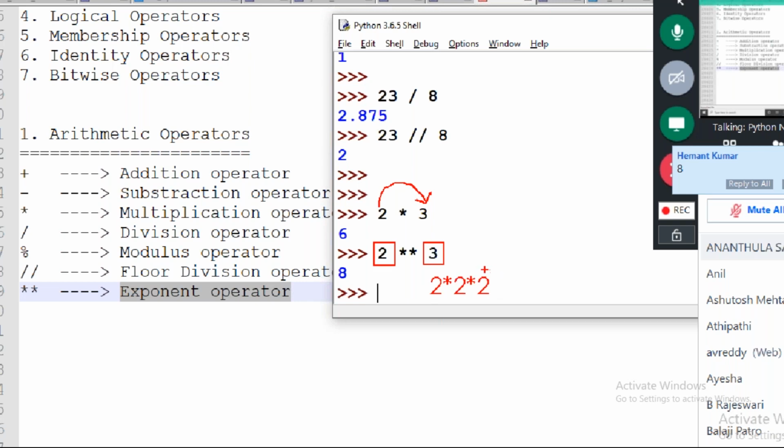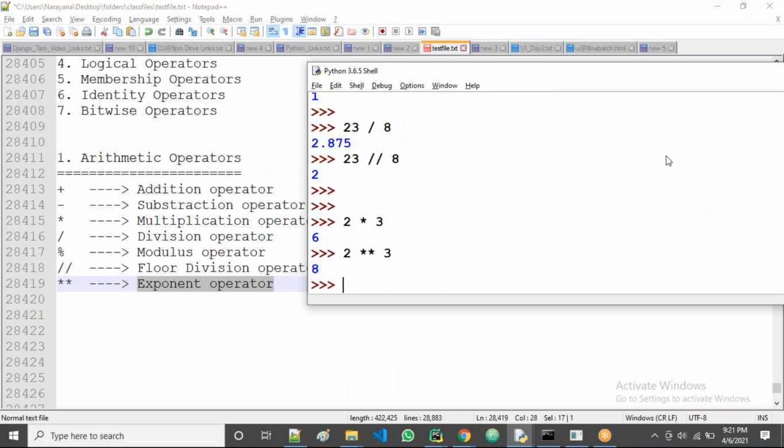You can say 2 power 3. If I take m exponent n, that means m will multiply n number of times, so you can say m power n.